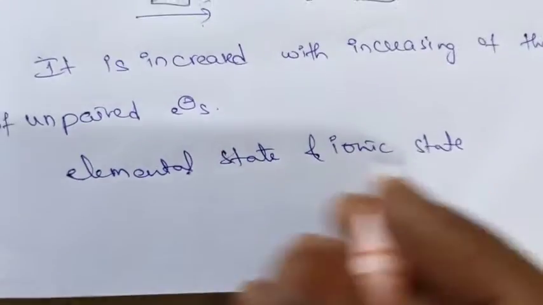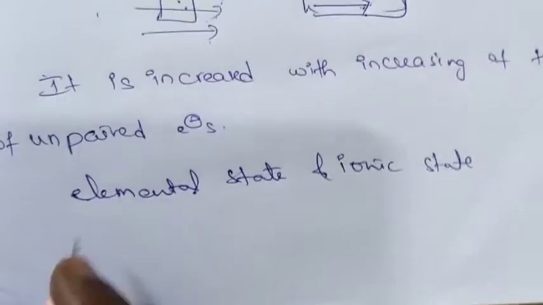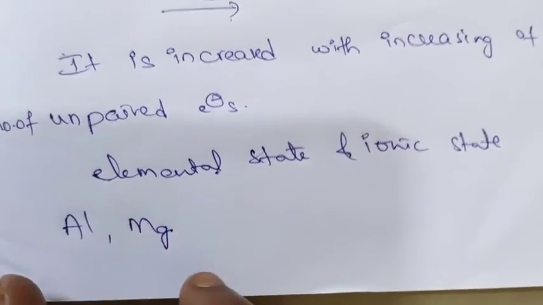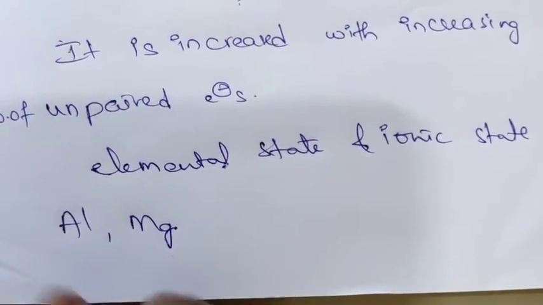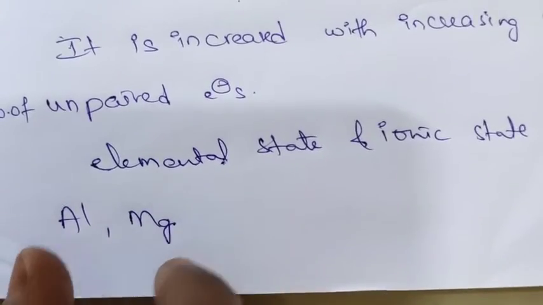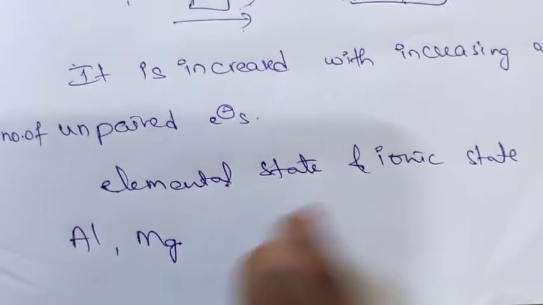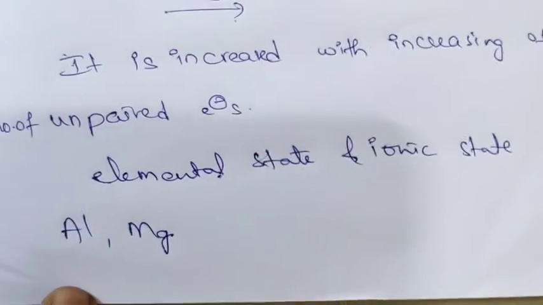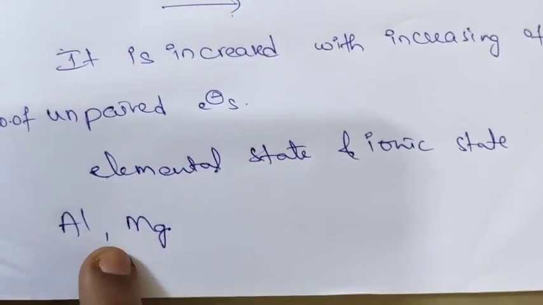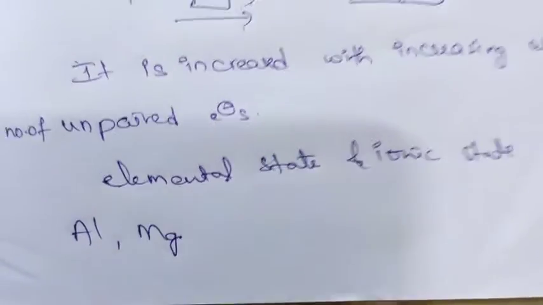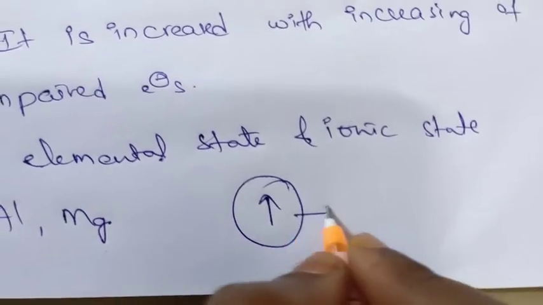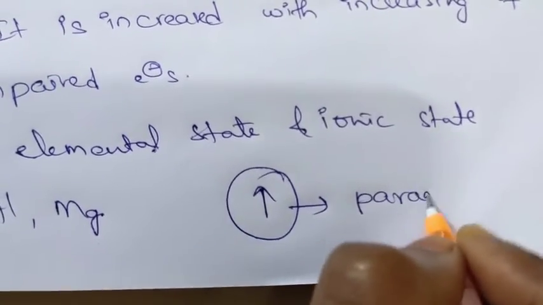Most of the transition metals like aluminium, magnesium, these are exhibiting the paramagnetic character or paramagnetic nature. And due to the presence of one or more unpaired electrons in these transition metals, most of them have paramagnetic characteristics. Already we know whenever an unpaired electron is there, that shows paramagnetic nature.